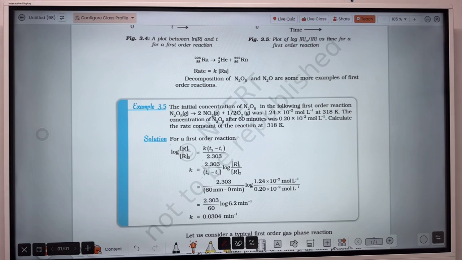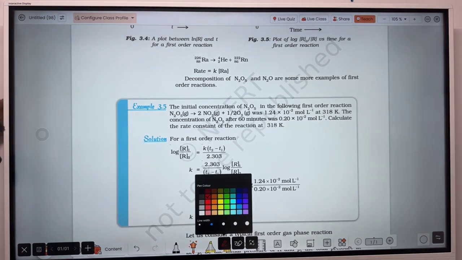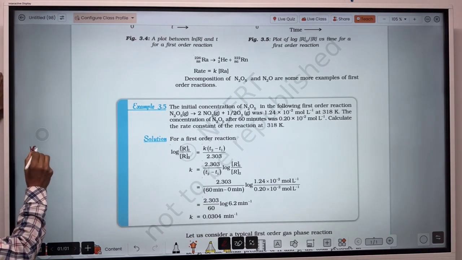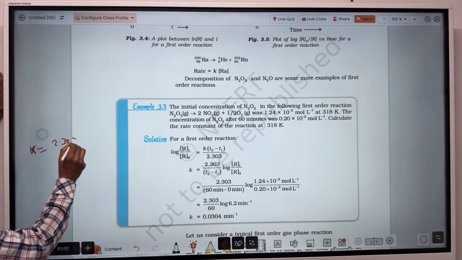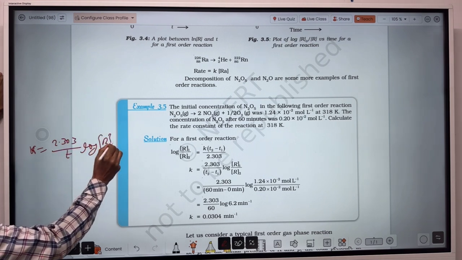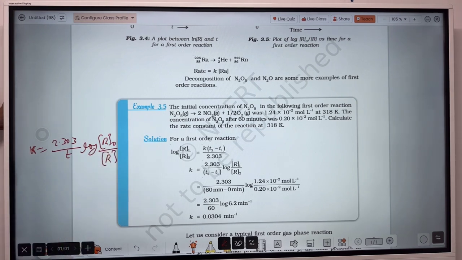Very easy, put in the formula and get the result, because you know the formula. You have already studied here k equal to the rate constant, 2.303 upon t log R naught by R. So put in the formula. So 2.303, time is given here as 60 minutes, so upon 60 minute.